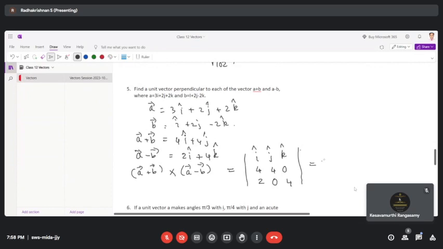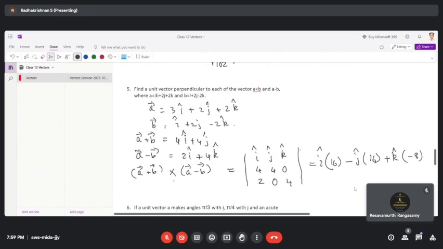Okay, what is this then? I into 16, minus j into, j into what will come, again 16, plus k into minus 8.